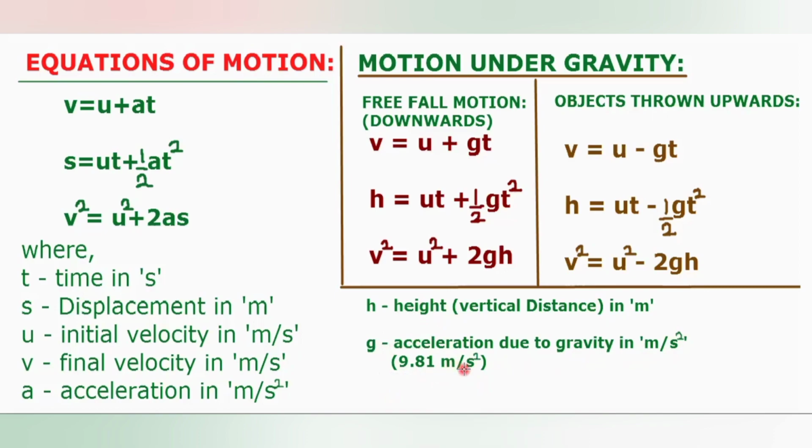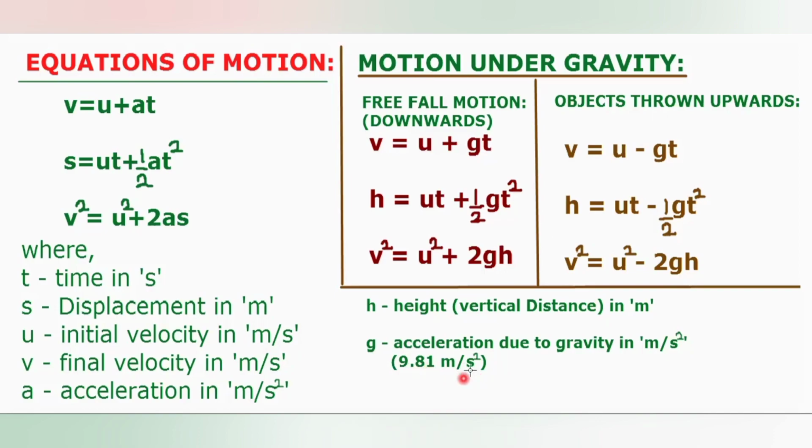Even though the value of g varies with altitude, or as you move from the equator towards the polar directions, in the numericals we consider 9.81 meter per second square as a constant value.